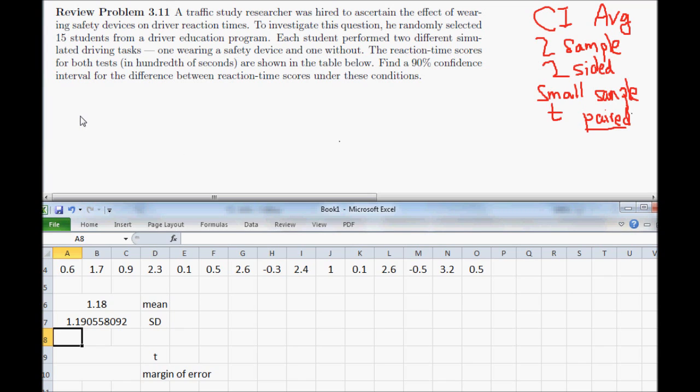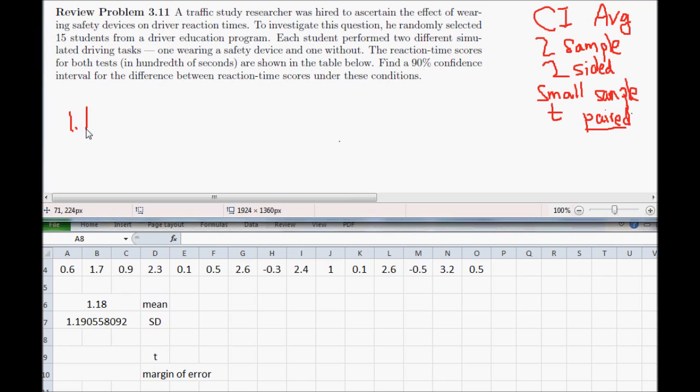The confidence interval will have the form 1.18 plus or minus a number off the t-distribution, to be found in a second, times the standard deviation, 1.190558, divided by the square root of n, which in this case is 15.